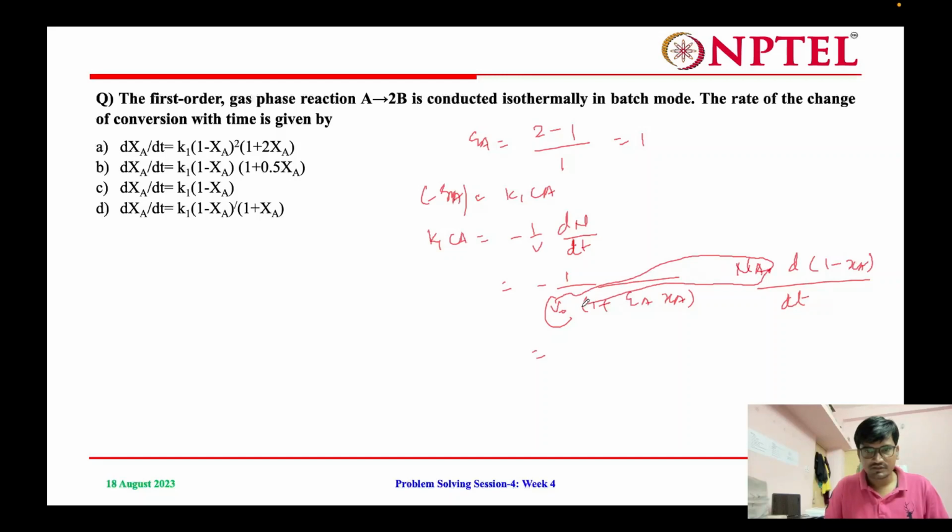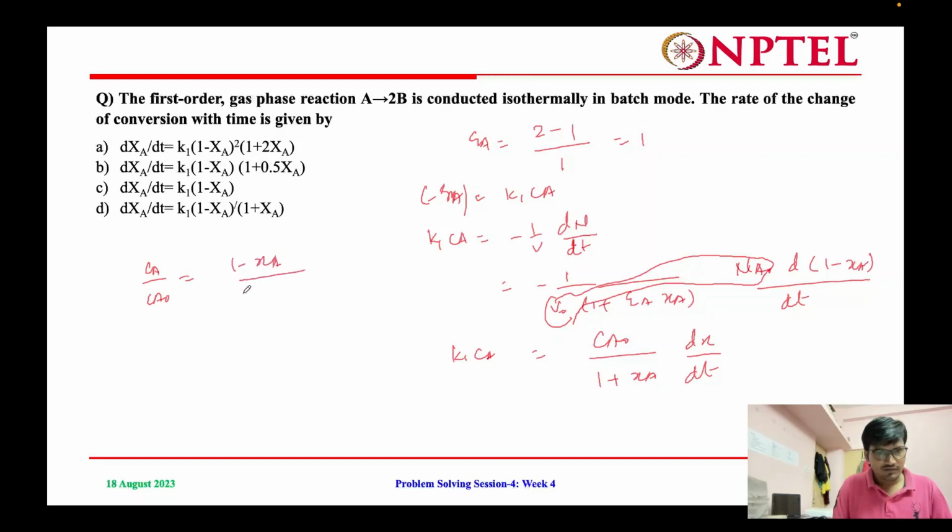Put the value of the expansion factor into dxa by dt. As we know, CA equal to CA naught into 1 minus XA divided by 1 plus epsilon A XA.